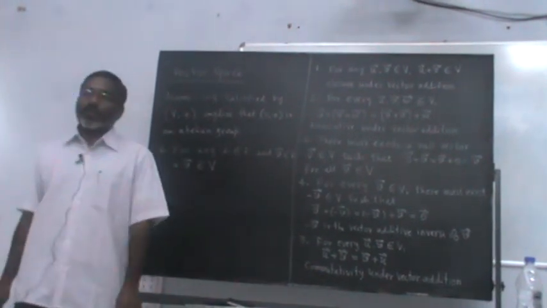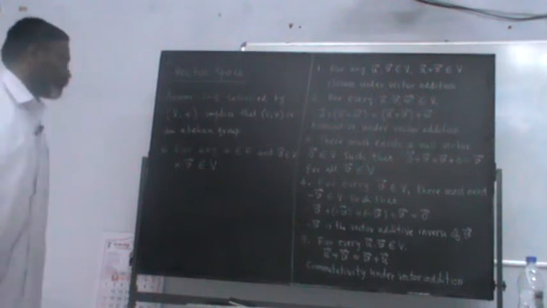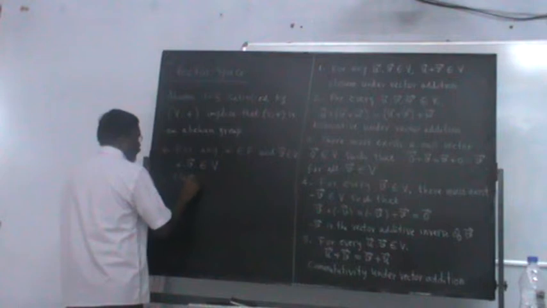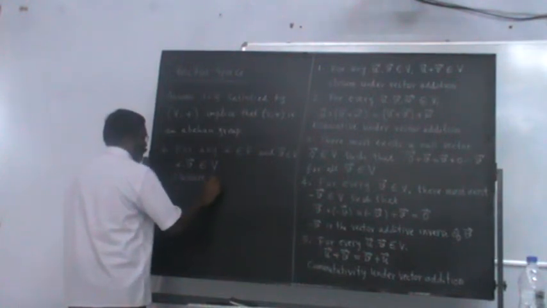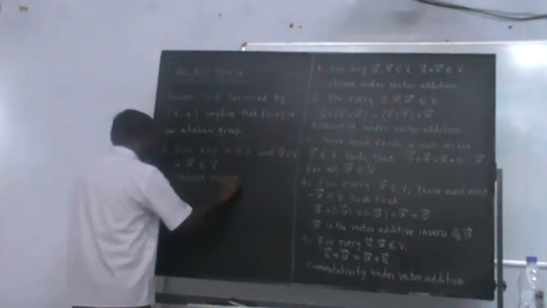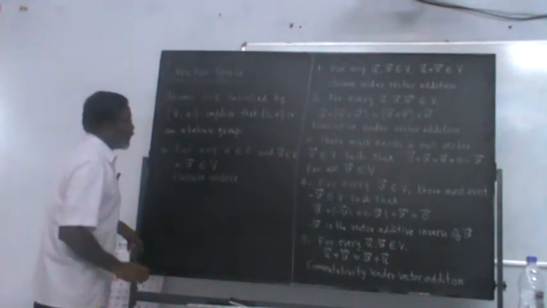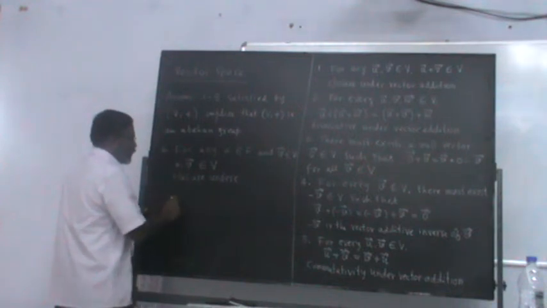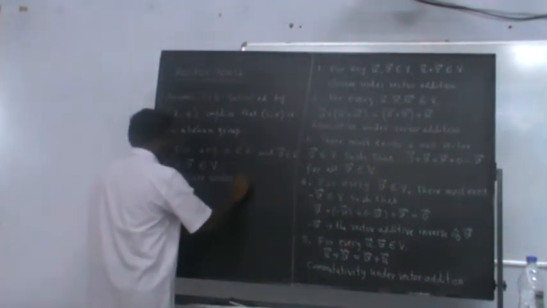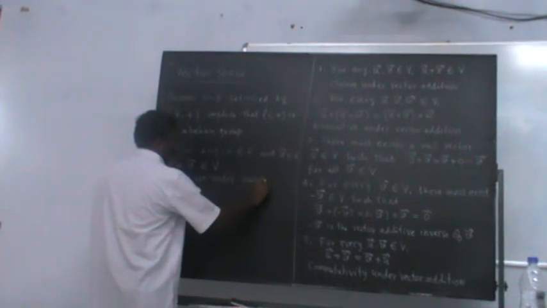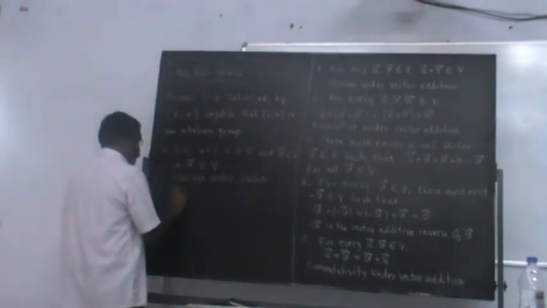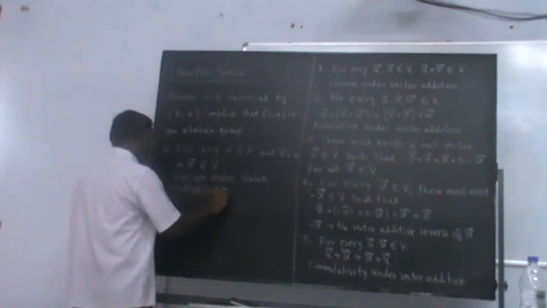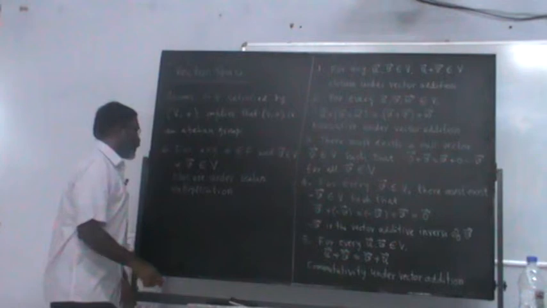This is called closure under scalar multiplication. I don't know whether closure is 1s or 2s, sometimes it is 1s. Closure under scalar multiplication.